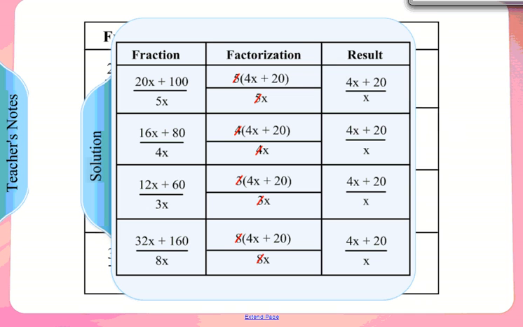Notice in this first example, you could factor out even more. You could factor out 20, which is totally fine. So you could have 20 times x plus 5 over 5x, but we can only cancel 5, which is 1, and a 5 out of here, which is 4.